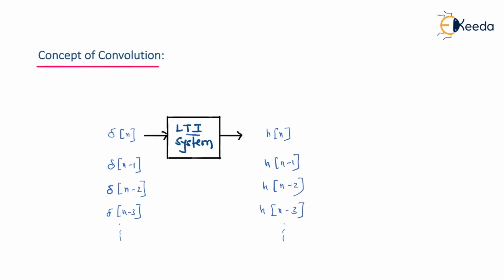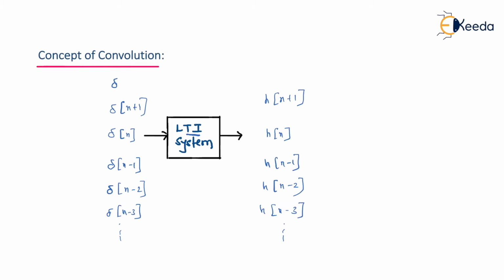It depends by how much amount you delay your input; you get exactly the same output but in a delayed version. Again, it is not only true for delaying. Suppose instead of delaying you have advanced your input, then the respective output also gets advanced by the same amount. For example, again for del of n, if you are getting h of n, then for del of n plus 1 you must get h of n plus 1 from the system.